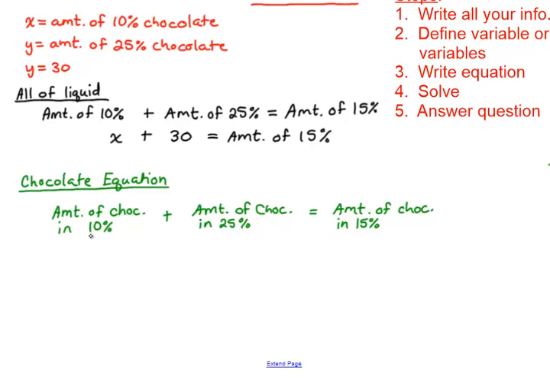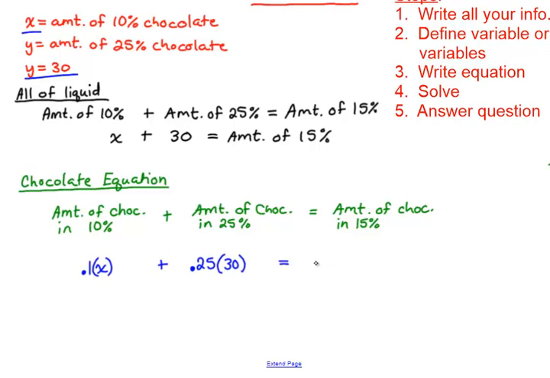So I'm going to say 10%, remember, can be written as a decimal, so 0.1, because you just move that decimal over to the left 2 spots, times the amount of chocolate solution, so there's the x, because we said that that's the 10%, plus, now the 25%, you take the percentage, times, we'll put this in parentheses, times how much 25% chocolate solution we had, and this said we have 30, so we're going to put 30 here.